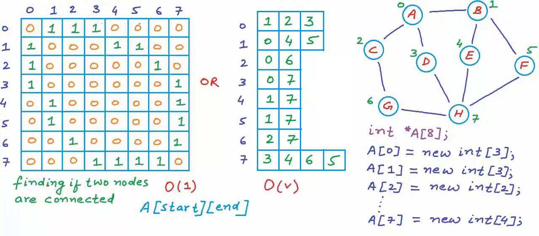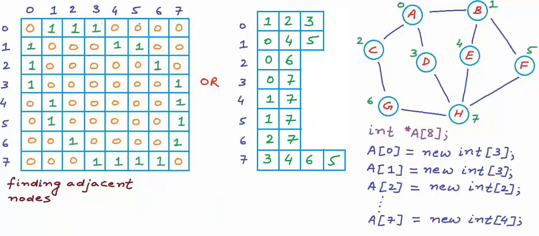Now, what do you think would be the time cost of finding all nodes adjacent to a given node? That is, finding all neighbors of a node. Well, even in the case of an adjacency matrix, we now have to scan a complete row.